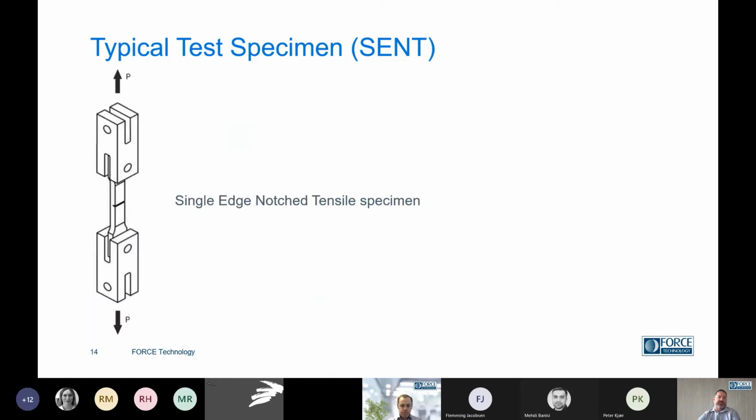The final specimen that I want to introduce, which of course, these are not all the specimens, it's just the 3 for today that I want to introduce to you, is a single edge notch tensile specimen. So it's a tensile test, but with a notch, and it's also relatively thin.